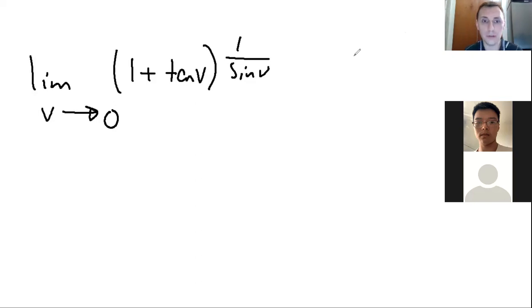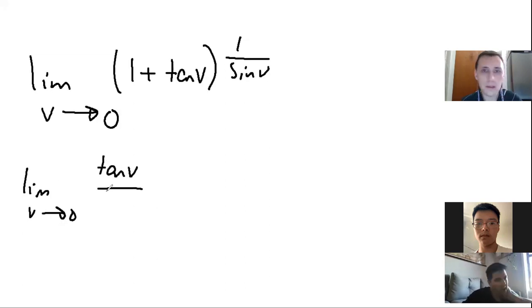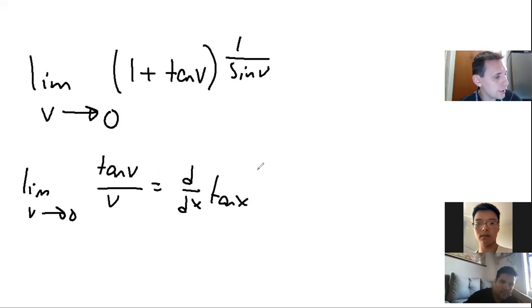Wonderful, wonderful. Now look what happens. Why do I think the answer is e? I can do it in two ways. One way is to realize this, guys, right? The limit as v goes to 0 of tangent v over v. That's simply the derivative of tangent x where x is 0, which is secant squared 0, which is 1.